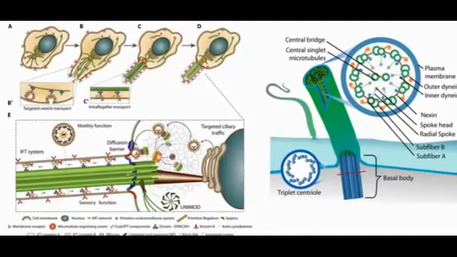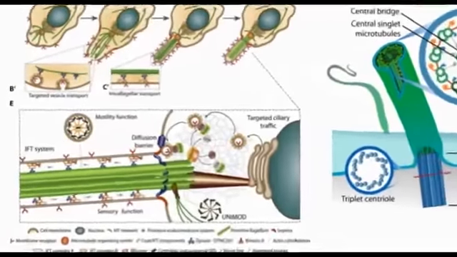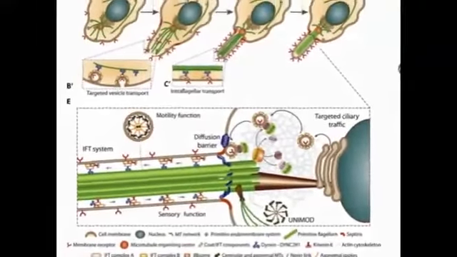Next slide is a deeper explanation of the structure of the tail and how it actually works, where the engine for the tail is. This is the mitochondria, as you see after the head of the spermatozoid.